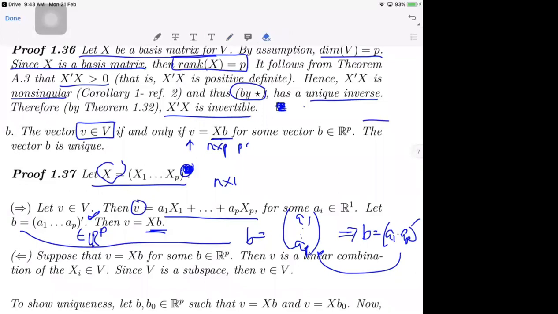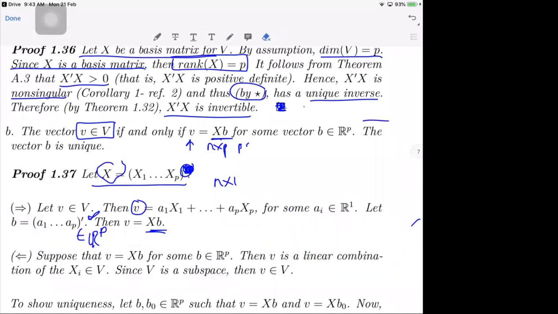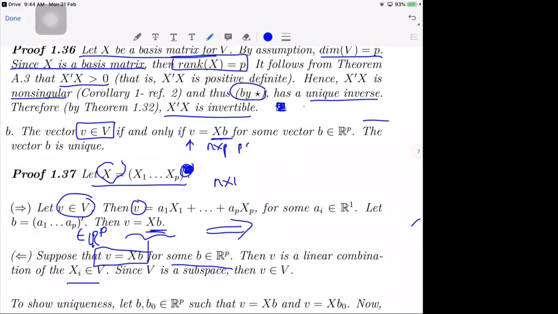So we have shown, we show the other way around for some X in RP. Then B is a linear combination of the X's in V because of this.